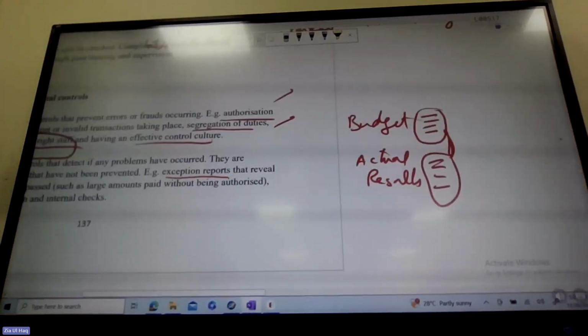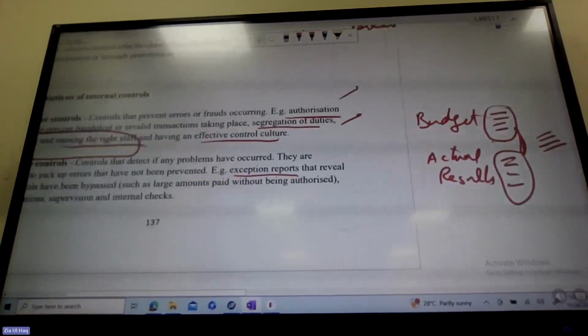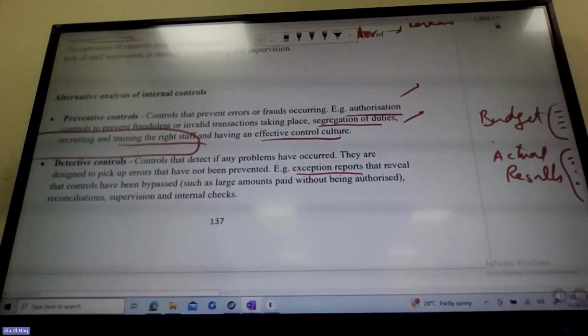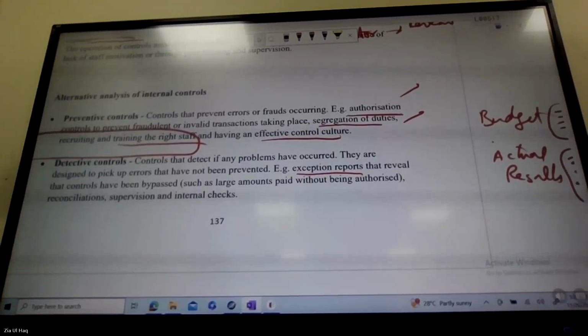If there are any differences, they will be highlighted. This is called a detective control, an exception report. An exception report means a report that will compare actual results with the plan, with the budget, and highlight the differences.